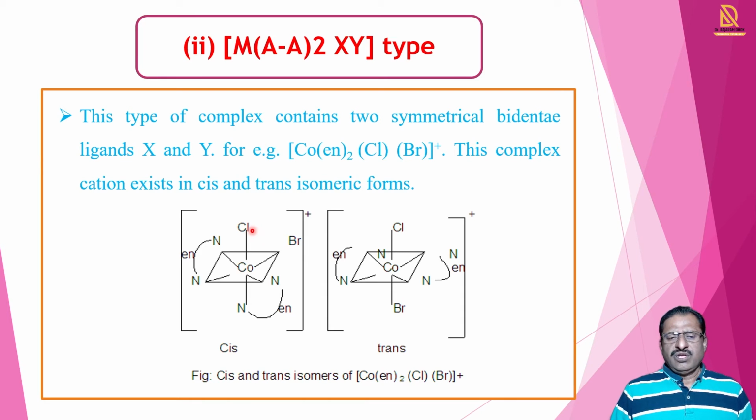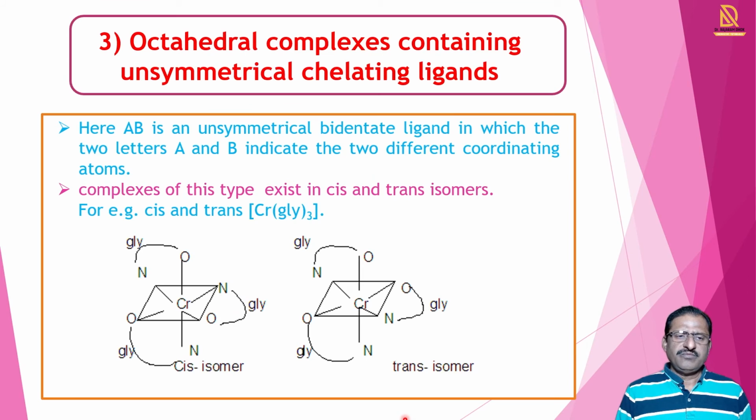If they are at position 1 and 2, then that is called cis. If Cl and Br are at position number 1 and 6, then that is trans. So in this way, in this complex Co(en)2ClBr plus, one structure is cis and the other structure is trans. So these two are the cis and trans isomers of each other.